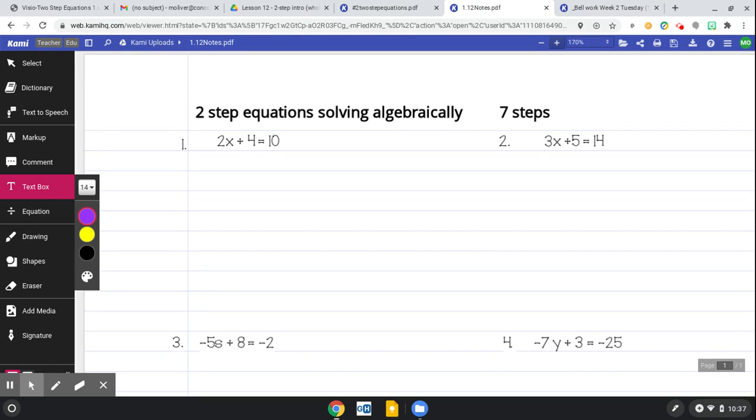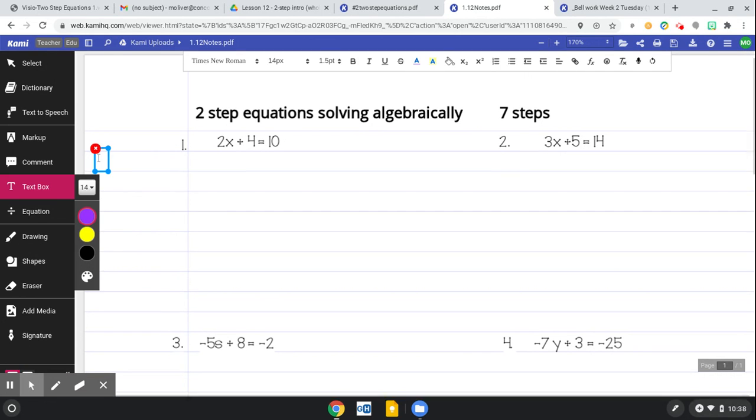Okay, so when we do 1-step equations, our first job is to get rid of any addition or subtraction. So always get rid of your addition or subtraction first. Let's go ahead and make a little text box.